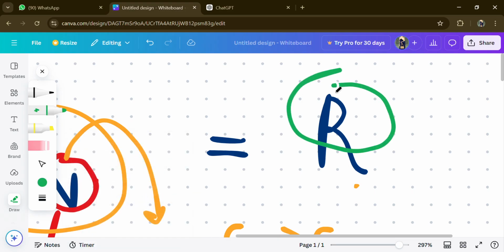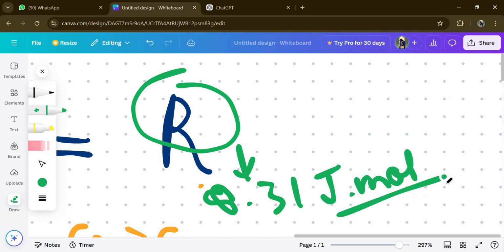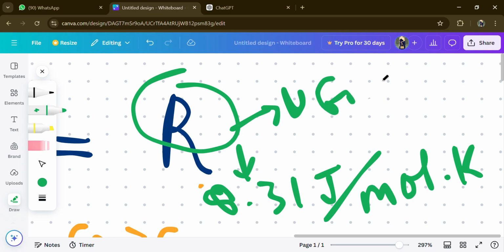This R is the universal constant of gas, and its value is about 8.31, and its unit would be joule per mole Kelvin. Sorry, I made a mistake earlier: it's joule per mole dot Kelvin. This is called the universal gas constant, UGC.